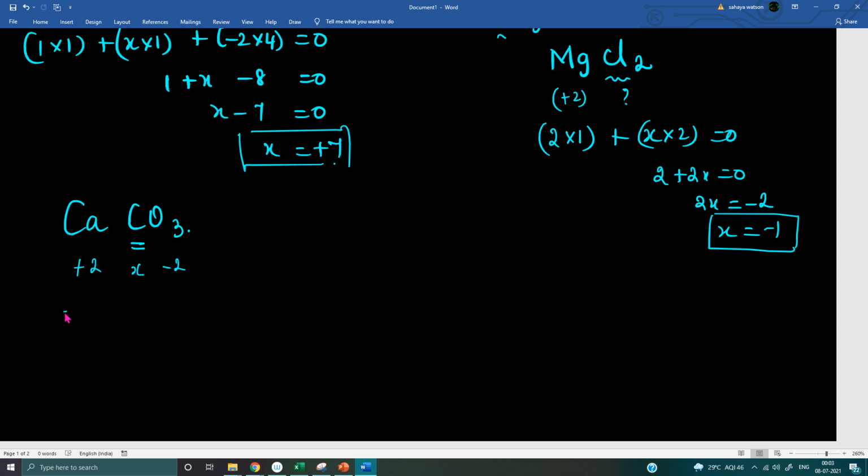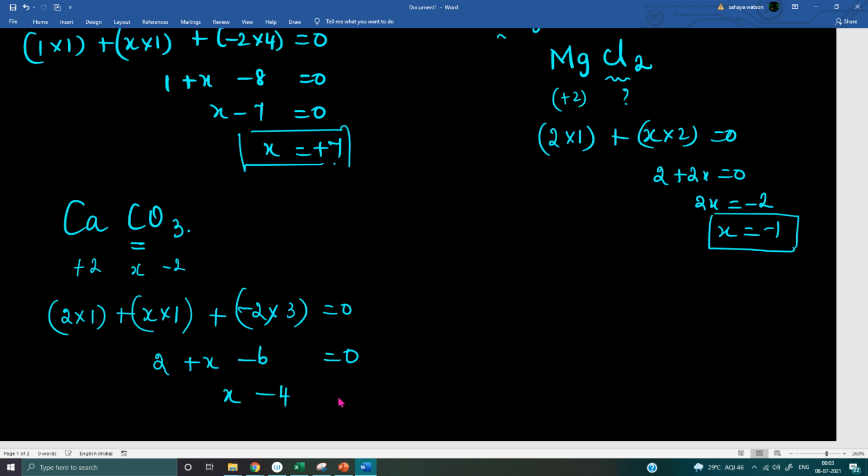Let me substitute now: 2 into 1, because the number of calcium atoms is only 1, plus x into 1, the number of carbon atoms is also 1, plus -2 into 3, because oxygen is 3, equals 0. 2 plus x minus 6 equals 0, x minus 4 equals 0, x equals +4. So this is the oxidation number for carbon in calcium carbonate.